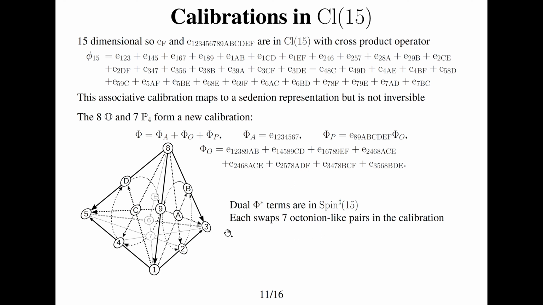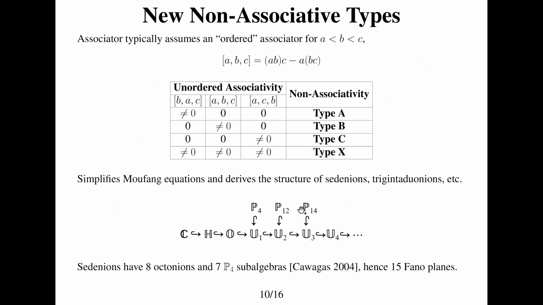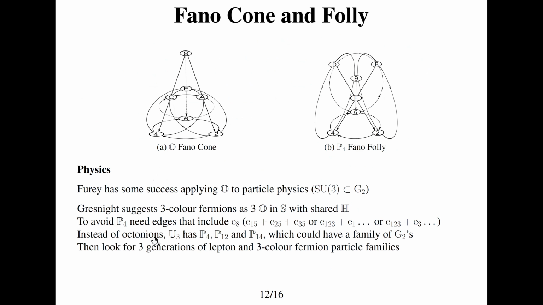And so you could imagine finding, out of all of that, 63 four-dimensional Fano volumes, one type for P4, one type P12, and one type P14, which gives you three generations of particles with different properties, which just have enough structure to be able to pull out leptons and three-color fermions for every family. And because of the different properties, they would have different masses, hopefully. That's the conjecture.